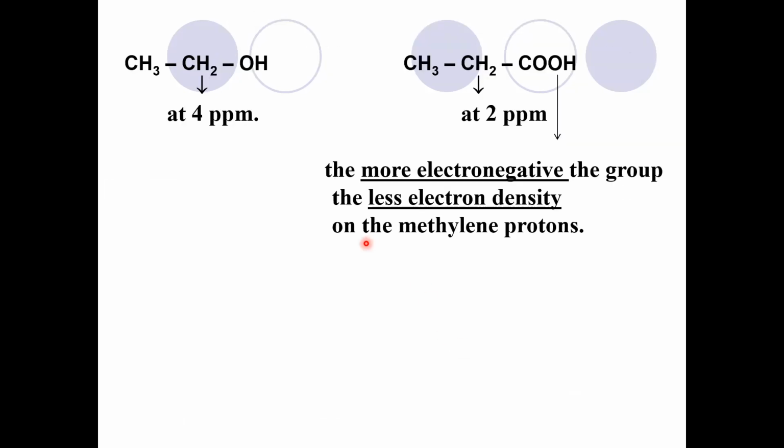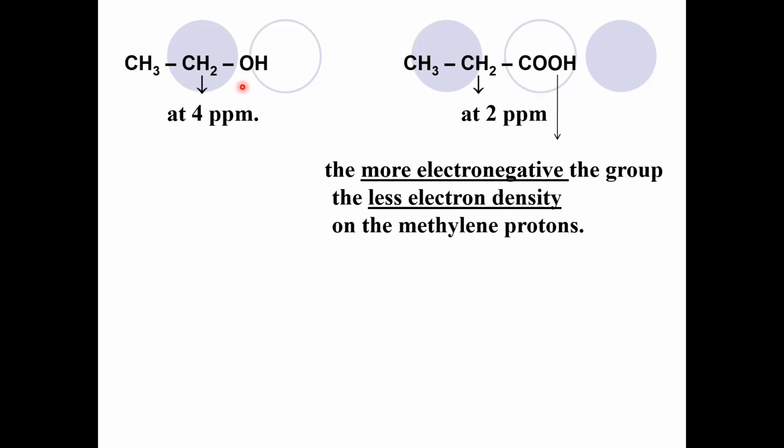Here, for example, a comparison between the methylene protons in ethanol and the methylene protons in propionic acid. The hydroxyl group is a stronger, more electronegative group than the carboxylic acid group.